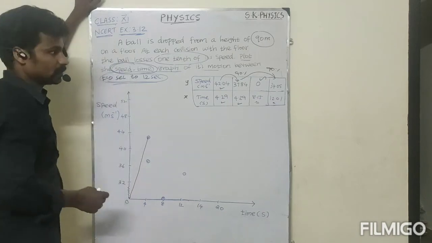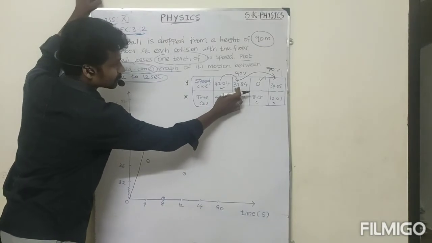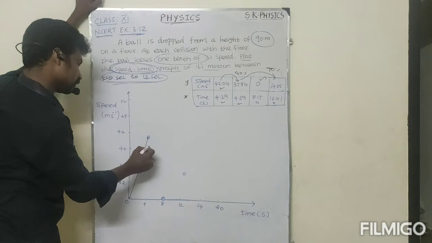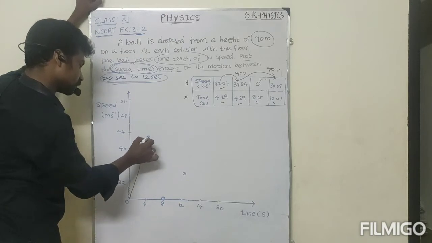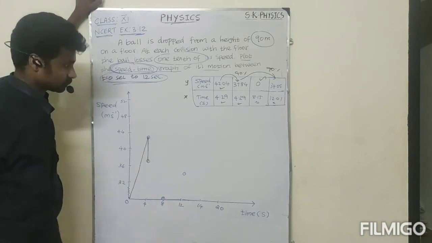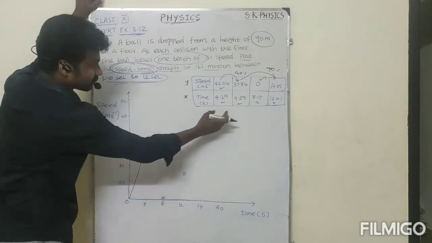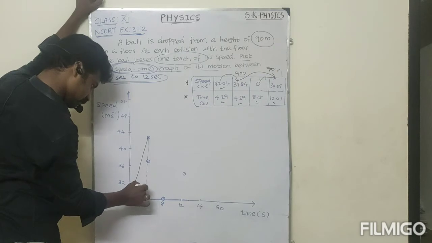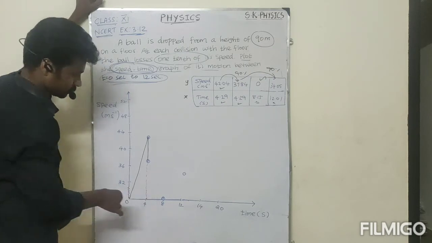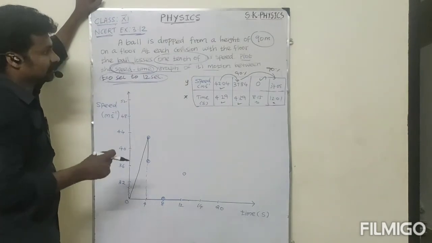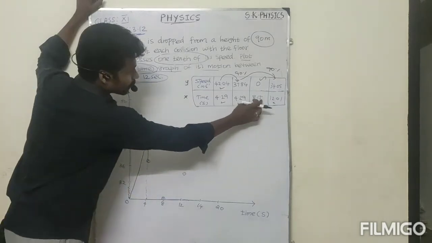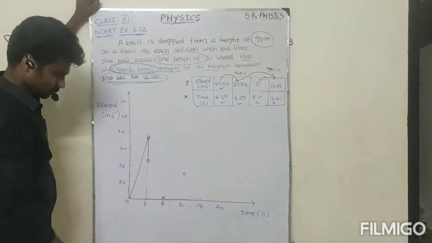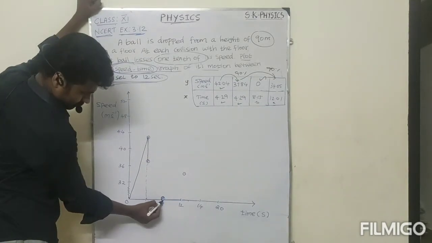After that, at the same time, 37.84, approximately here. I will join here. So both have the time factor 4.29. Then after that 8.15 seconds, the speed is 0.